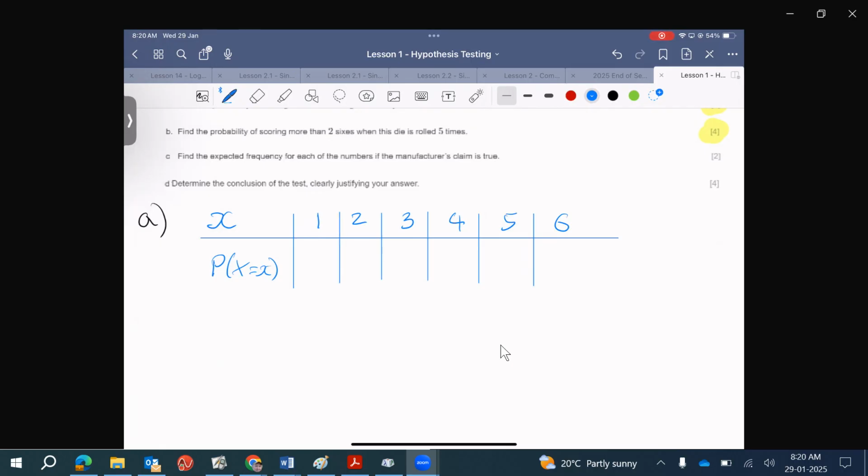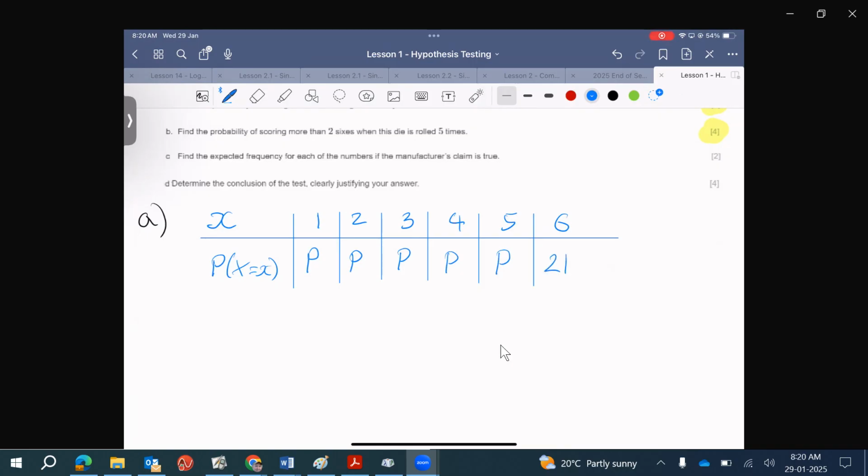So what is the probability of rolling a 1? We'll call that P. We don't know. What will be the probability of rolling a 2? P. And a 3? And a 4? A 5? A 6?